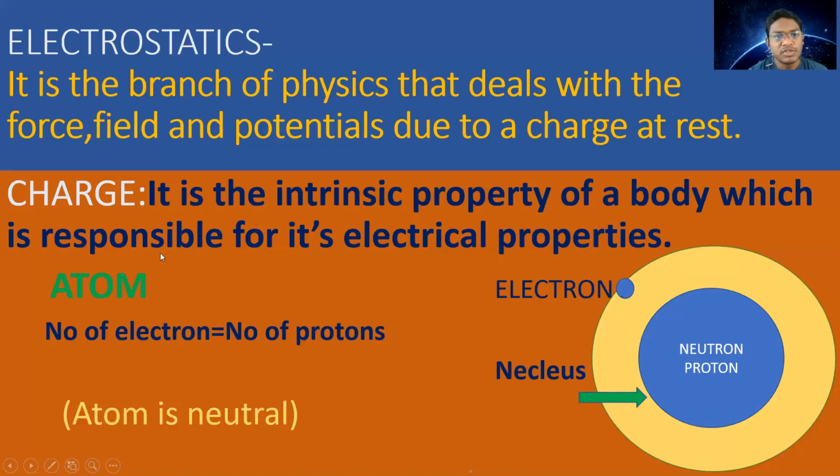So the definition of charge goes like this: it is the intrinsic property of a body that is responsible for its electrical properties. Electrical property means attracting and repelling; whether it will attract or repel another body depends on the kind of charge it possesses.